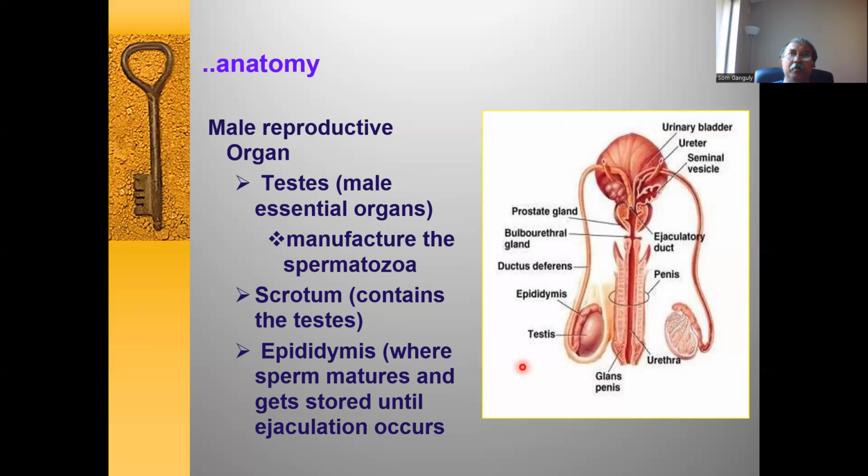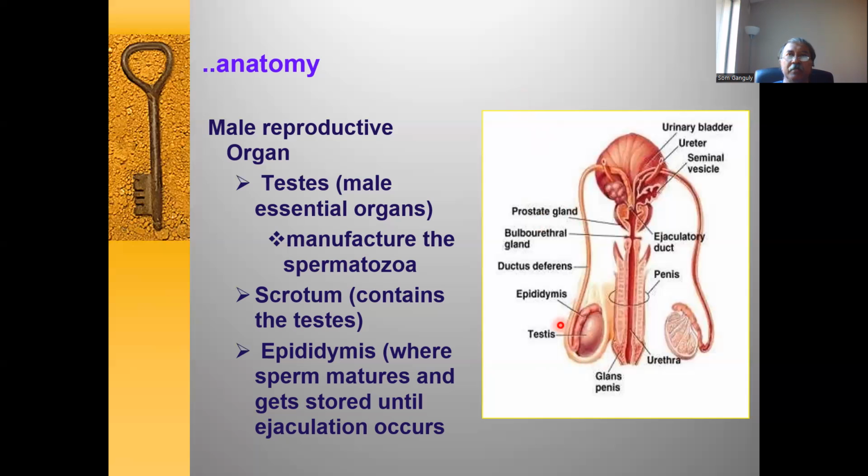So, the primary male reproductive organ. If somebody asks, what is the primary male reproductive organ? The answer would be testis. If the person has sperm, they can make a baby in a test tube or in another medium. But if they don't have sperm manufactured in this testis, then they cannot reproduce.